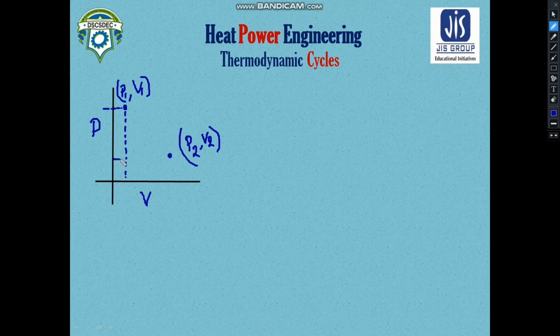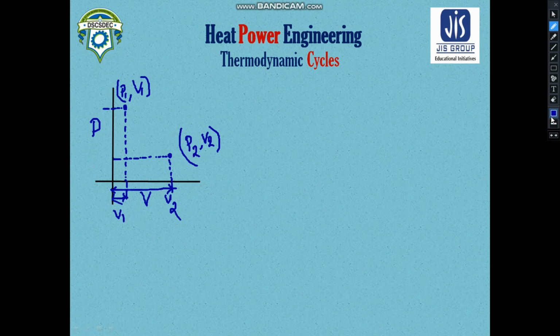Corresponding to this, you can see this is the final pressure, and this is your final volume. This was actually the initial volume V1, and now this is your V2, the final volume. So the volume has changed from V1 to V2. That means there is an expansion, a thermodynamic expansion going on.